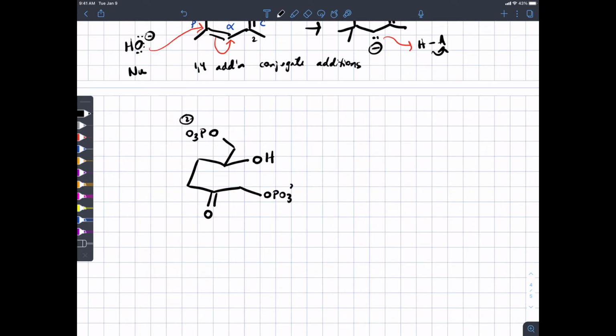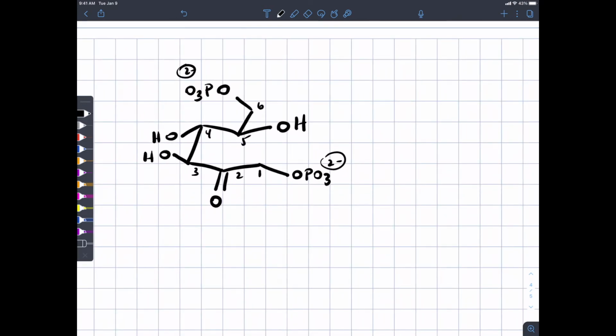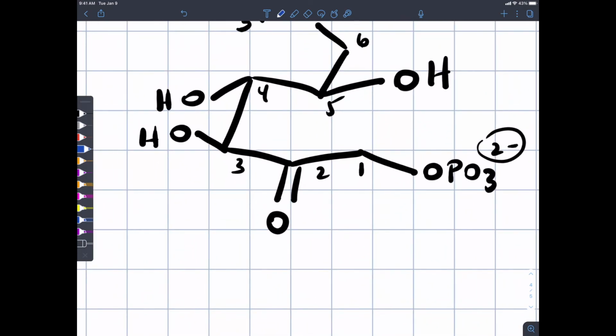There are phosphate groups on carbon 1 and 6, and there are OH groups on carbons 3 and 4. Now, there's a lot of details there. Now focus on the functional groups. We have a carbonyl carbon, we have two different alpha carbons, and then we have a beta carbon.